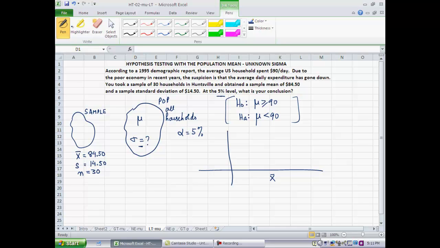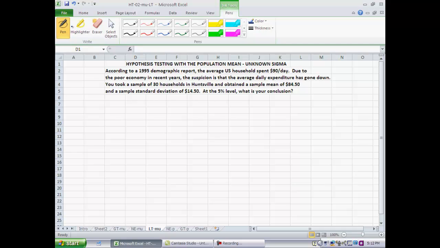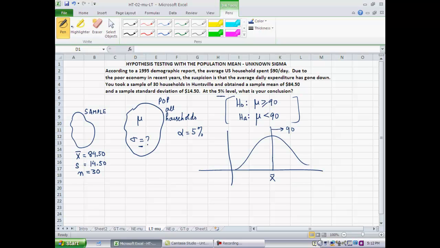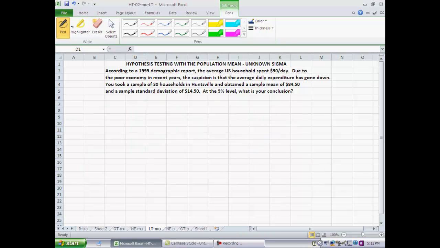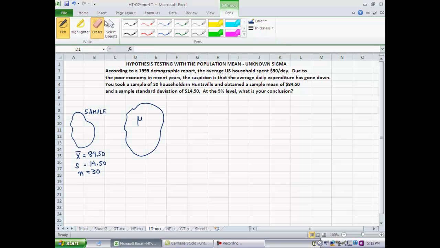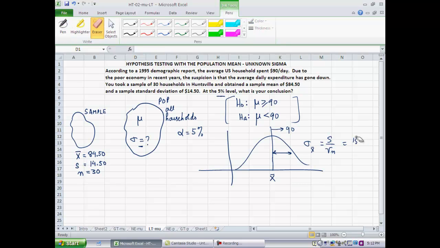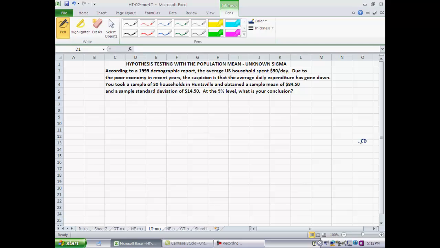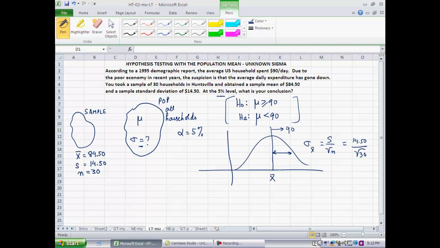If that was the case, then the sample mean, of course, would have a sampling distribution with a mean of $90, and the standard deviation of the sample mean would be s divided by square root of n, which would be $14.50 divided by square root of 30. That is what the standard deviation of the sample mean would be.